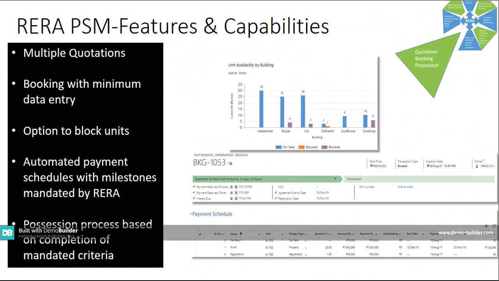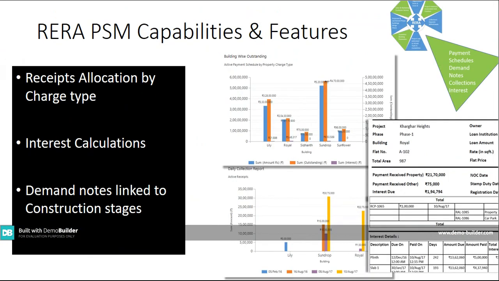RERA PSM provides the functionality to generate demand letters and GST tax invoices on demand or automatically linked to completion of construction stages. The payment receipts can be entered in the system and can be allocated by charge types. Interest records are automatically generated for delayed payments.